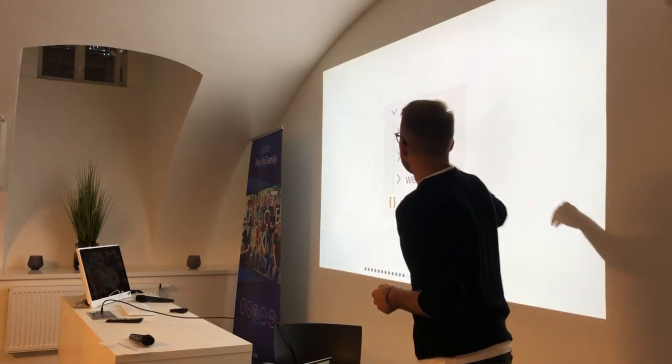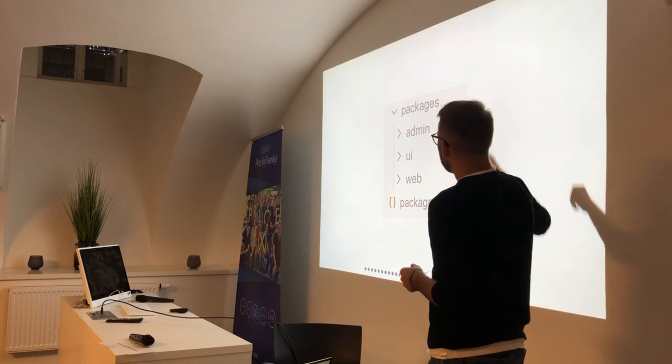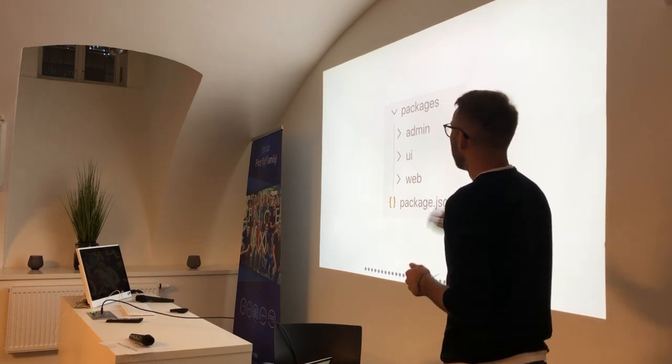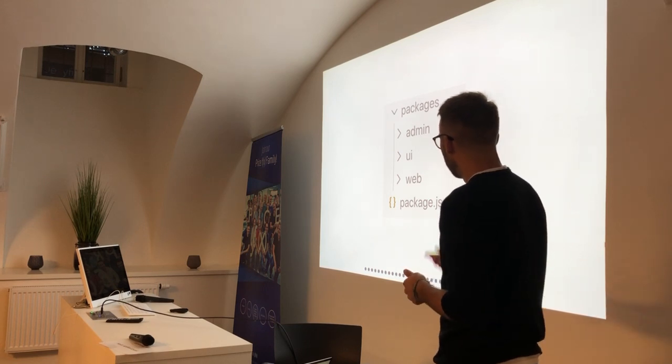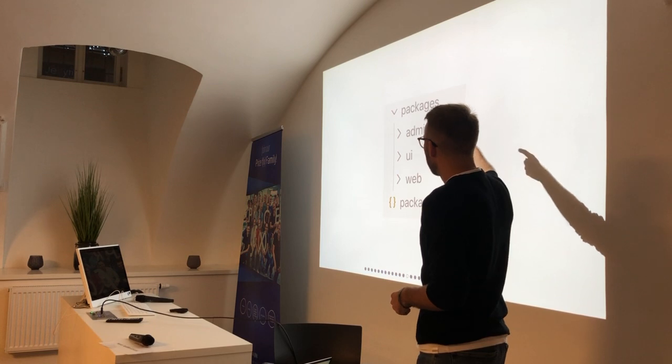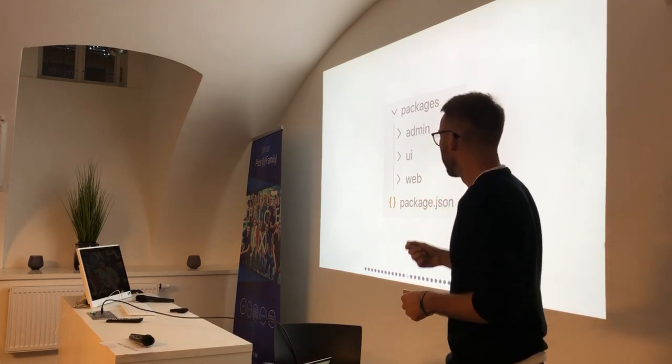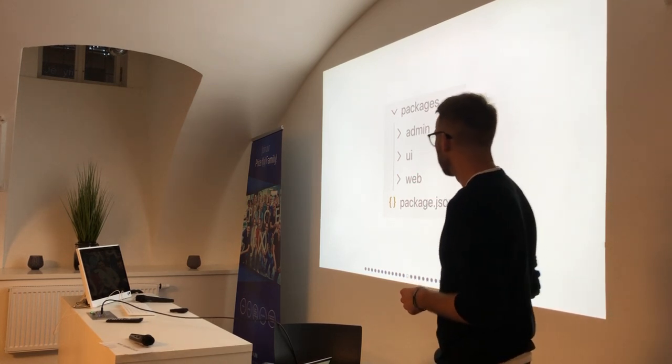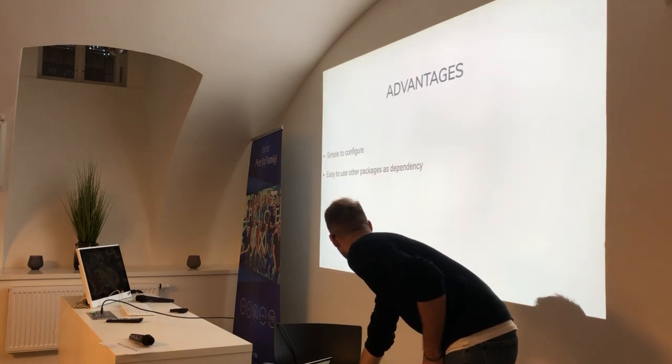And this is the structure that you should have. So if you have the packages folder and then a folder for, say, admin, a folder for the UI, and a folder for the web, then Yarn will know that all of those folders inside packages can be a dependency from one another. Okay.